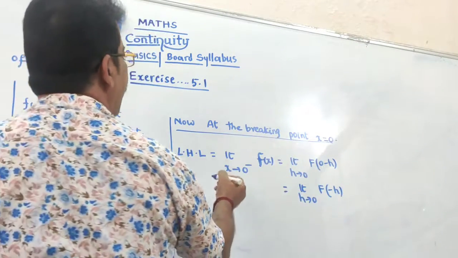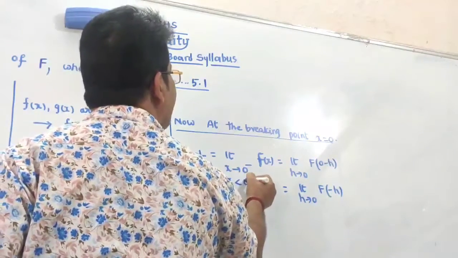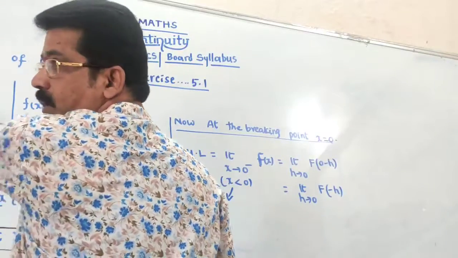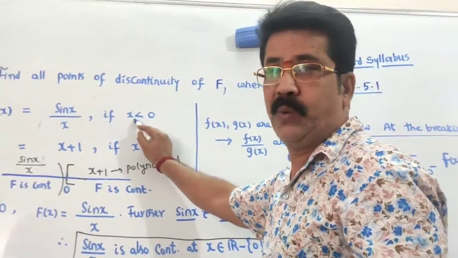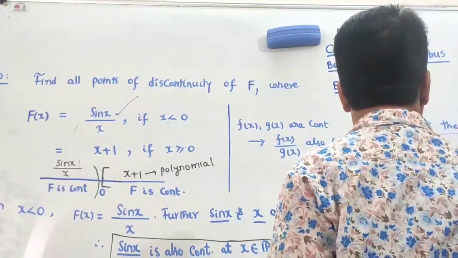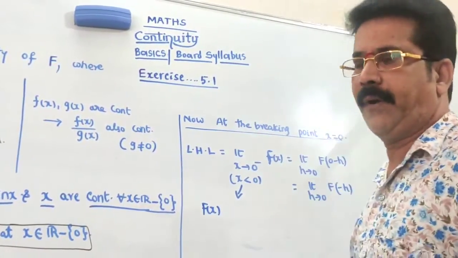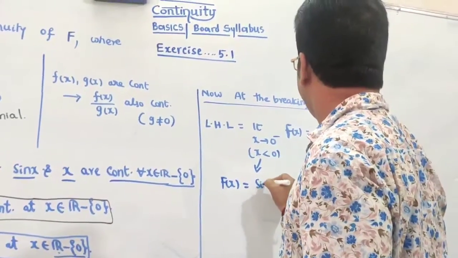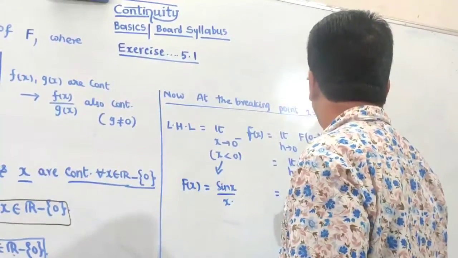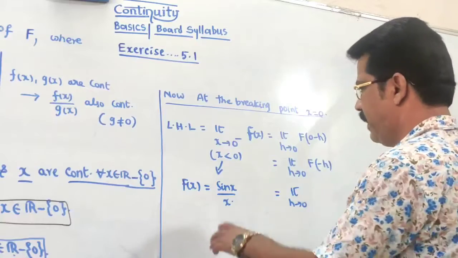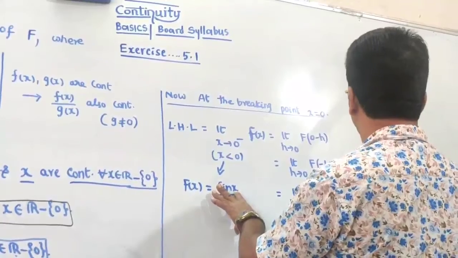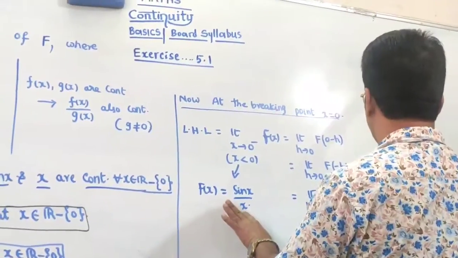Here, what does it mean? x less than 0. In this case, x less than 0, the function is defined as sin x by x. So capital F of x equals sin x divided by x. Therefore limit h tends to 0 of capital F of minus h means sin of minus h divided by minus h.